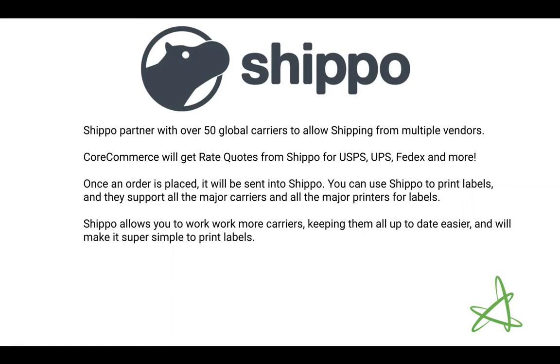So what that does is prevent CoreCommerce from having to manually monitor and keep up with all the different printer types out there and do all that maintenance ourselves. Shippo does all that for us.